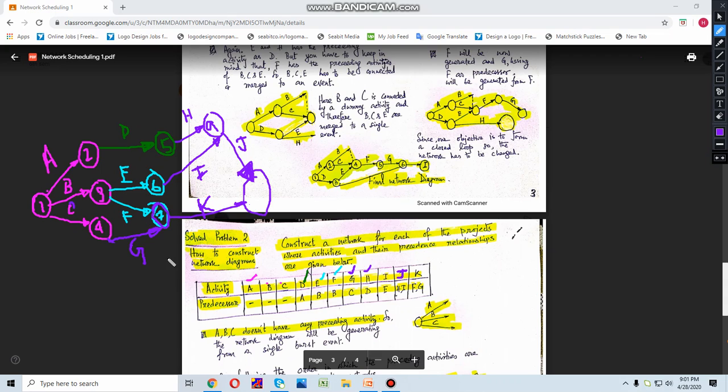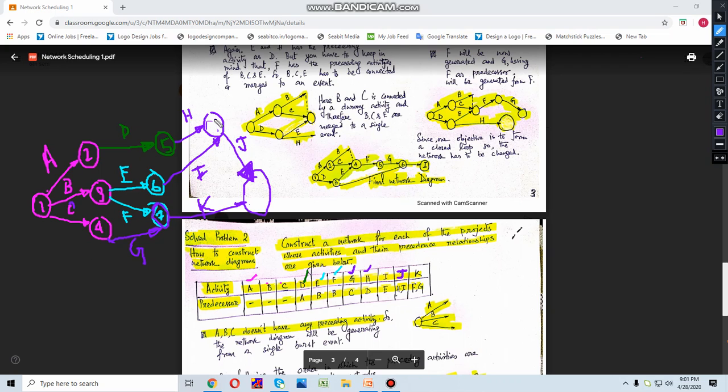Now see, what I was doing, I was just writing down the numbers. Now there is a problem. Here you can see that the event number 8 is missing. So that means you have to clear that error. That is why I have told you to use a pencil while drawing this network, because there will be a lot of modifications which you will need to do. So 5, 6, 7, that is all correct.